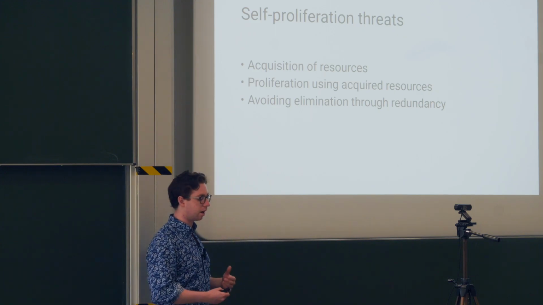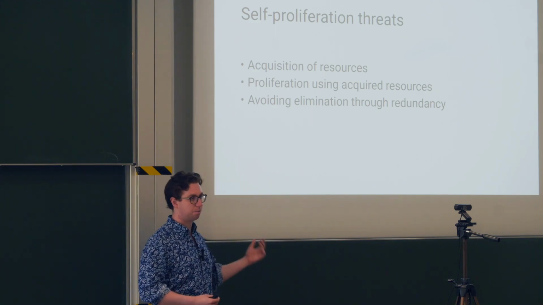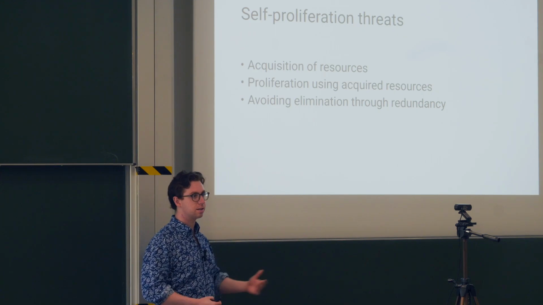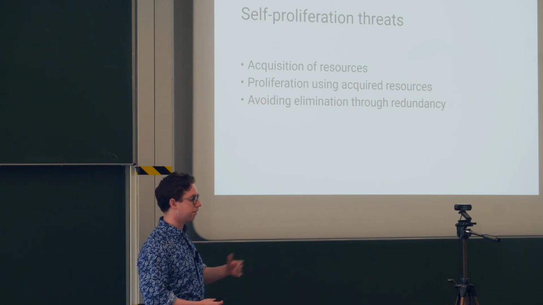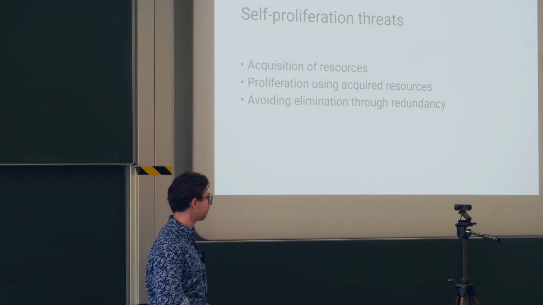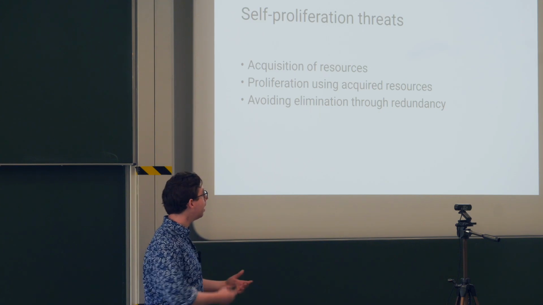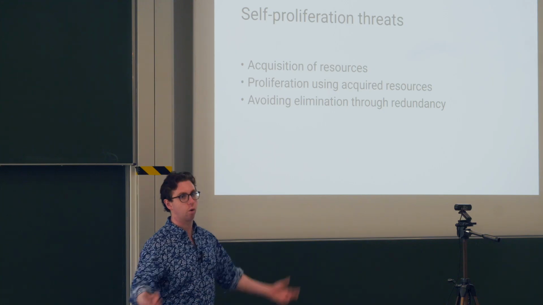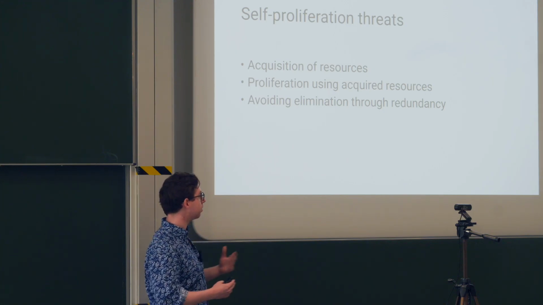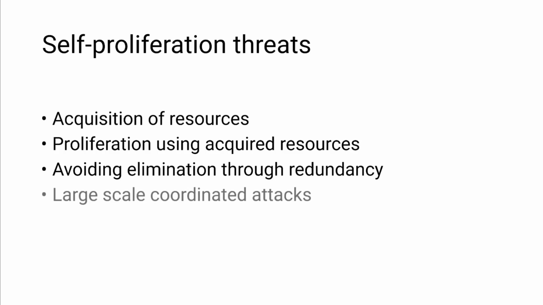So if models get access to, for example, compute clusters that aren't for rent and are able to set themselves up on those compute clusters and run from there, then it becomes very difficult to find all the copies of these models and to eliminate them all entirely.